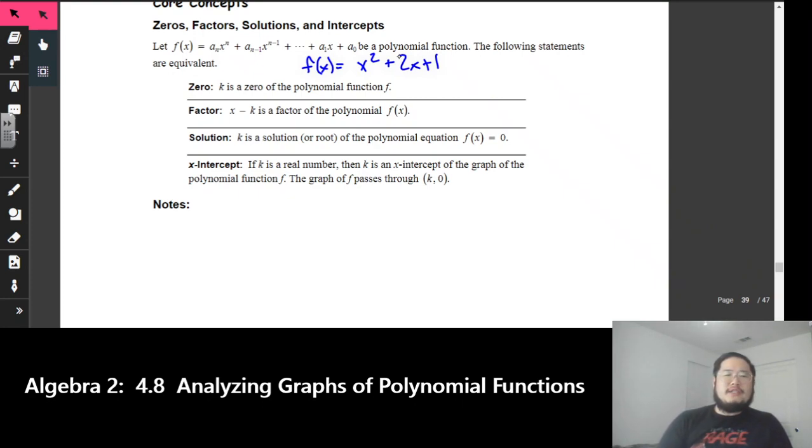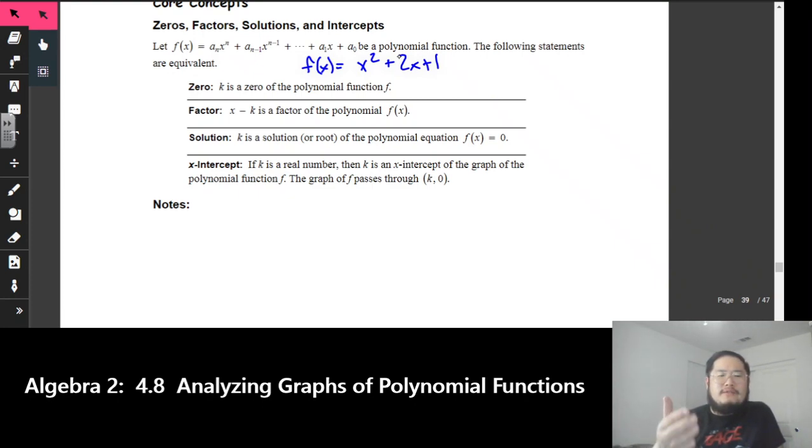Well, remember, the zeros are the same thing as the x-intercepts, right? If I take the function and set it equal to 0, you could either factor it and find what k is, or you could use the quadratic formula. So there are several different ways that you could solve this problem, and once again, they all mean the same thing. If you want to find the x-intercepts, those are your zeros. If you factor and then solve it by setting it equal to 0, you're figuring out your zeros.